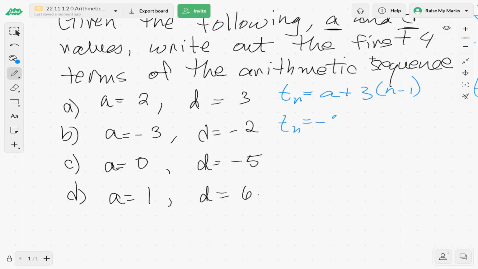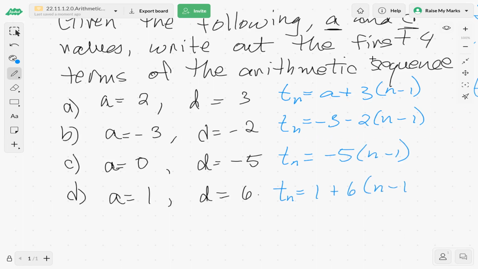Tn equals first term plus our difference times n minus 1. Tn equals first term, which is 0, plus our difference times n minus 1. And last one, first term, plus our difference times n minus 1.